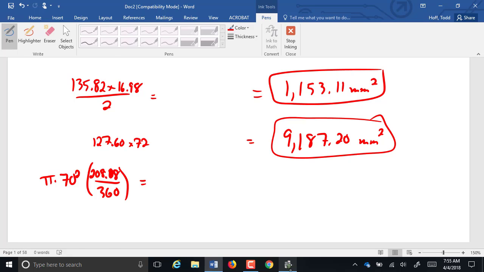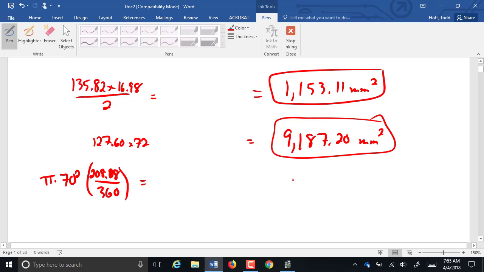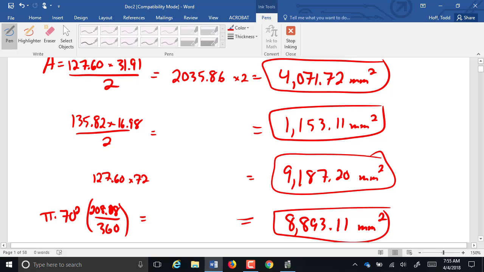So pi times 70 squared, 3.14 times 70 squared times 208.08 divided by 360, 8893.11 millimeters squared. And now we get to add those all up.